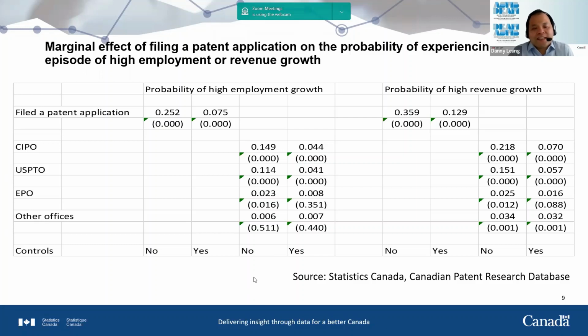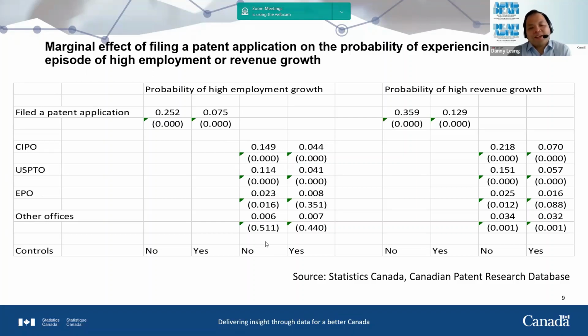That's interesting in itself, because it goes in line with my reasoning at the beginning: patents are important because they're a complementary indicator of innovation. Even controlling for R&D, patent applications are important.